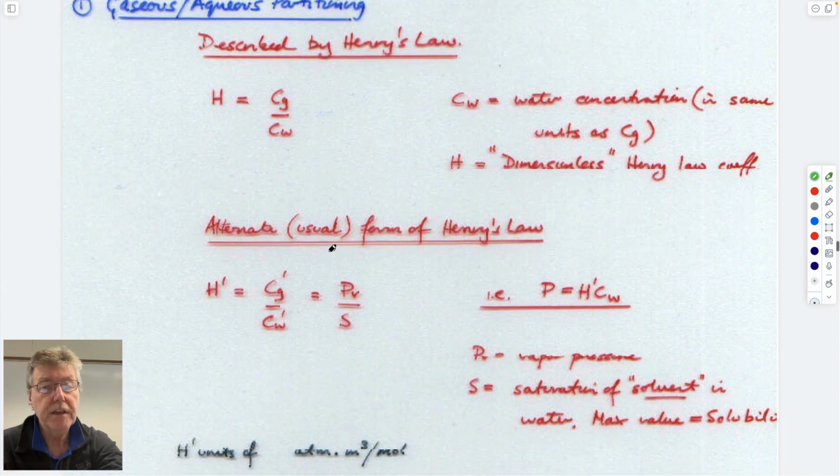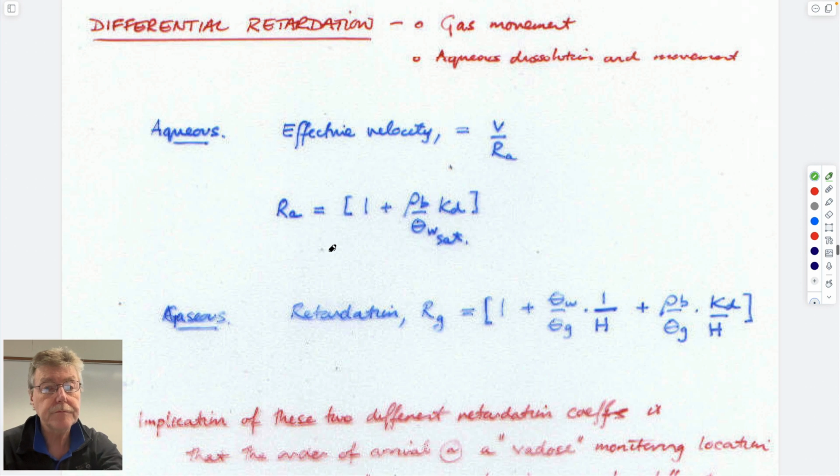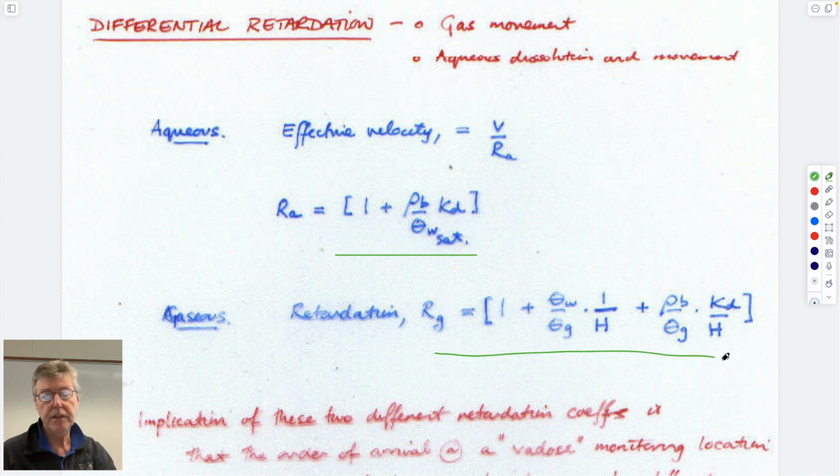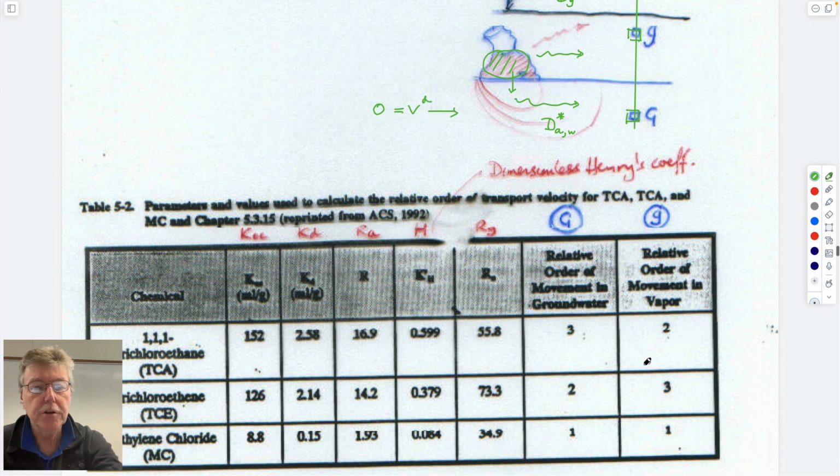And we note that these retardation coefficients are different in the different materials, right? This is the one which will govern behavior in the saturated zone. And this is the one that will govern the behavior in the vadose zone. And so we can do a little thought experiment to look at this.